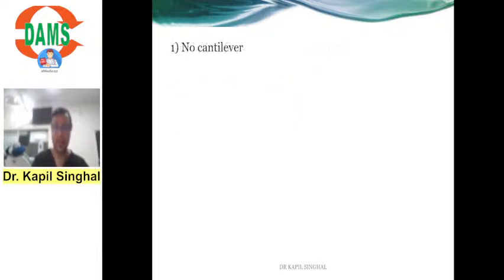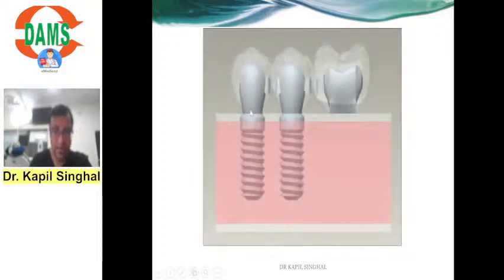Okay. So let's understand these principles one by one. The first is no cantilever. So you cannot give a cantilever over an implant. For example, a patient has a missing first premolar, second premolar and a first molar. But on a first molar the bone is less.